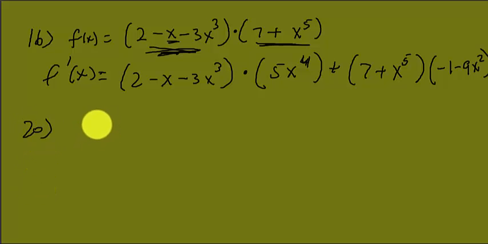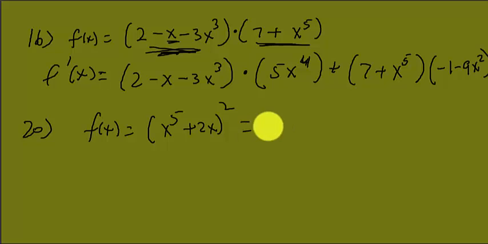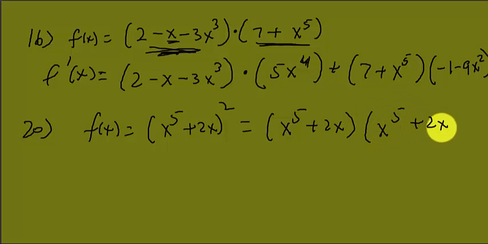Number 20. F of x is equal to x to the fifth plus 2x to the second power. In this one, you might want to rewrite this as x to the fifth plus 2x times x to the fifth plus 2x. Then we take the derivative of this, f prime of x. Every time you don't write that when you take a derivative, I'm going to take a point off also.